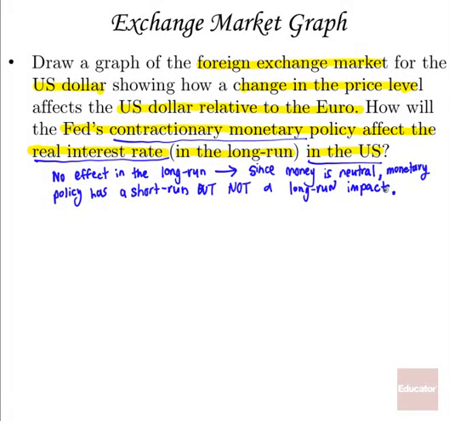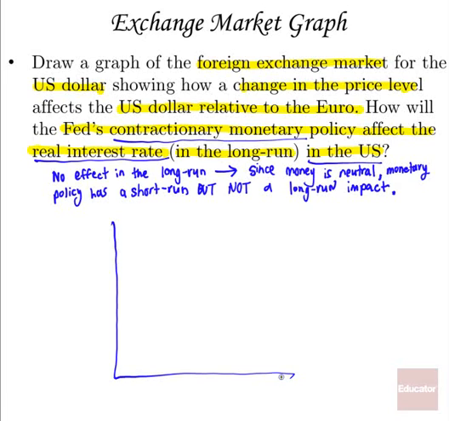Now, when there's short run impact, there's a loss of jobs, creation of jobs. So to be sure, short run impact does have an impact, but the idea is that in the long run, money is neutral. Money isn't really the whole point of the economy. The whole point of the economy is growing the economy, and money might stimulate one way or the other in the short run, but in the long run, money actually has no power to create economic growth. So let's draw a graph of the foreign exchange market of the US dollar here.